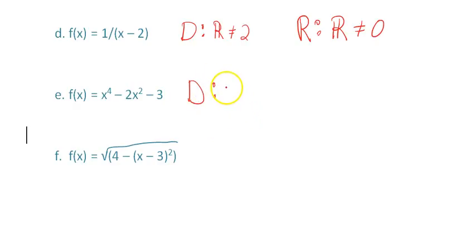So we're going to look at our domain as being all real numbers. And this graph makes a W shape, and if you look on your calculator, the lowest it goes is -4, and you can explore that by using the table or the trace or the minimum function, and it will show you that the lowest it goes is -4. So your range has to be everything greater than or equal to -4.